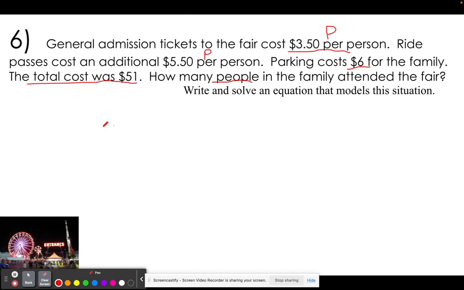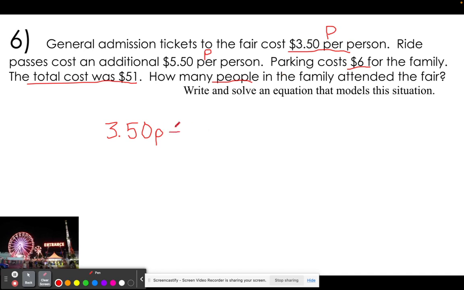So we have the $3.50 per person. Again, when you see that per, it's usually a clue that that's where a variable is going to be. So if one person went, it's $3.50. Two people, $7. 3 people, $10.50, etc. It's going to increase depending on the number of people.